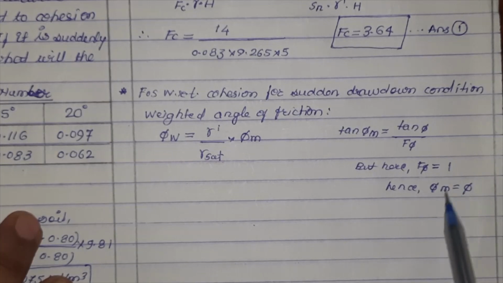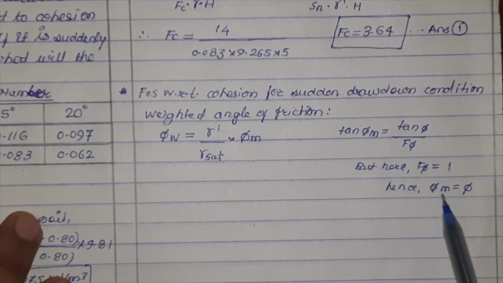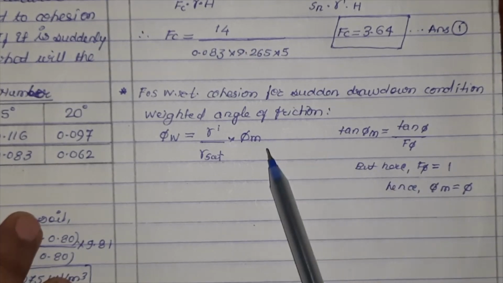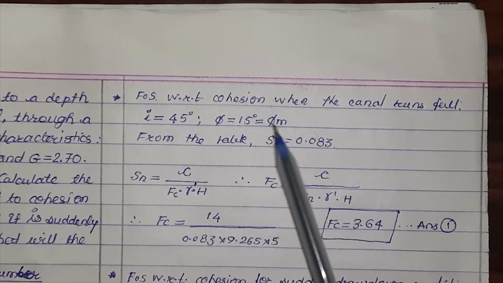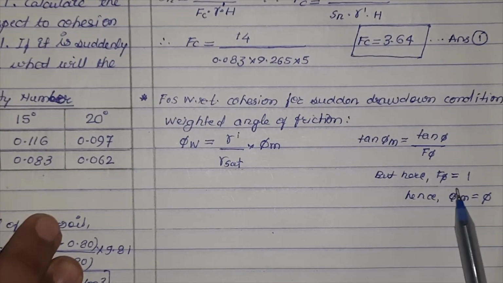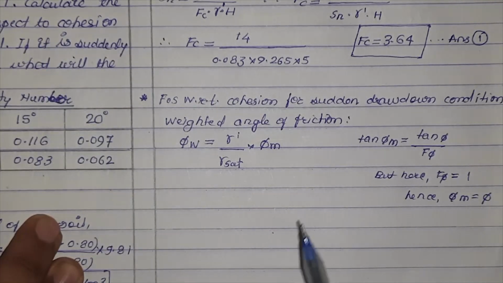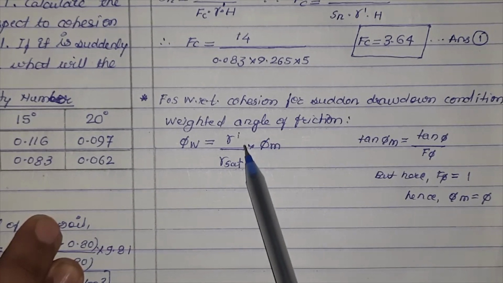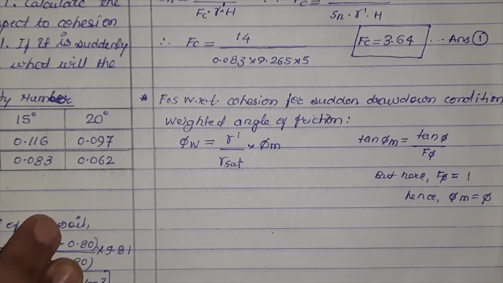If factor of safety is 1, phi m equals phi. If factor of safety is other than 1, this phi m will not be equal to phi. It will be something else. Use that value in this equation. I hope you have understood this. Otherwise, when factor of safety is 1, or it is not mentioned in the question, phi m can be taken equals to phi, and directly we can substitute the given value of angle of internal friction. Let us go ahead.